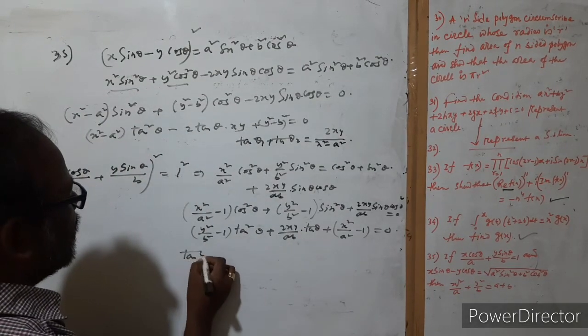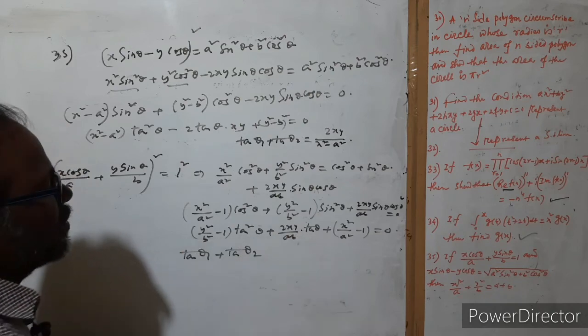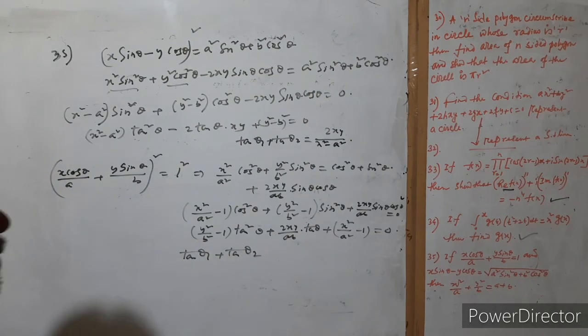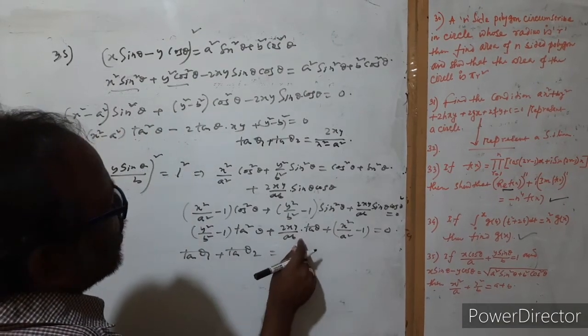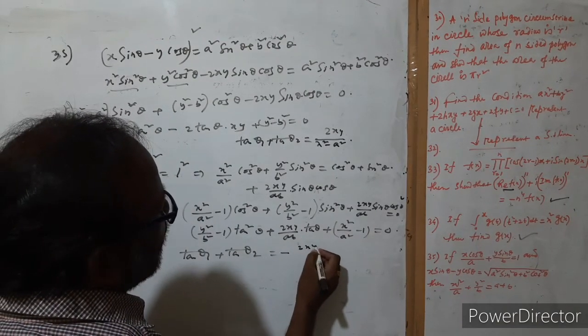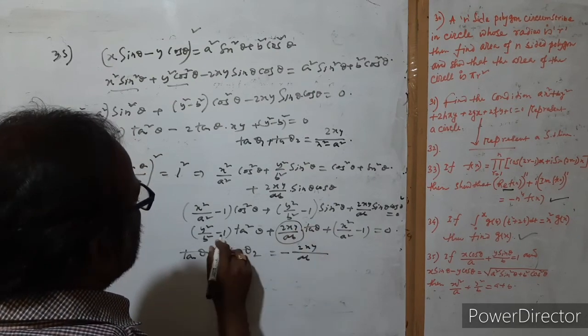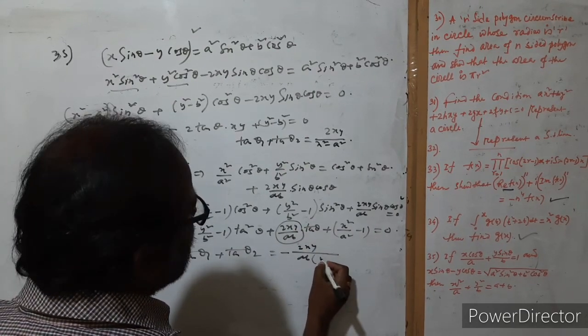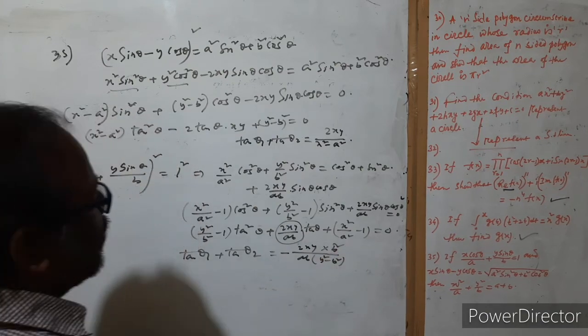So from that, the two roots of this equation are tan theta 1 and tan theta 2, and the sum of the two roots is equal to minus b by a. This is minus b by a, and this is y square by b square minus 1.